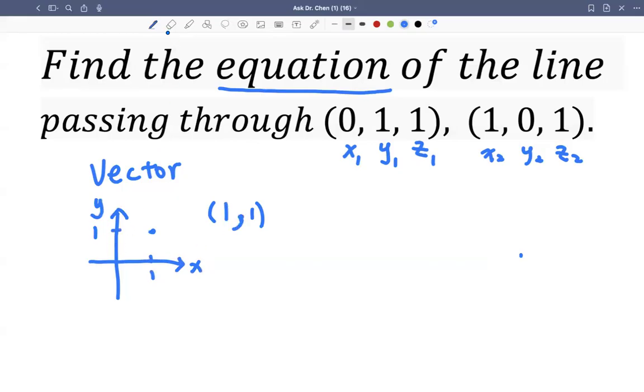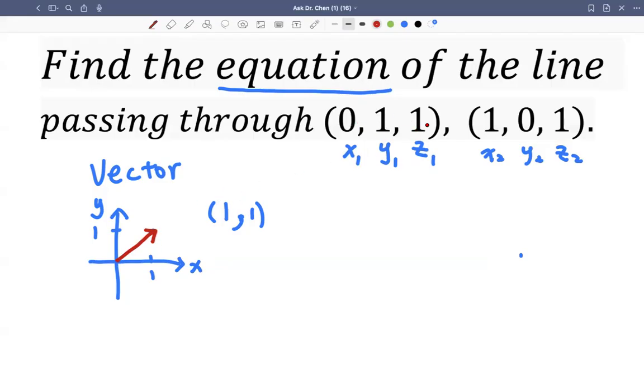And I can look at this as a vector. It means I can draw a line from the origin to this point. The origin is the initial point, and this 1, 1 is the endpoint. So this is called a vector. It has an initial point, an endpoint, a length, and a direction. So we're going to use the vector idea.